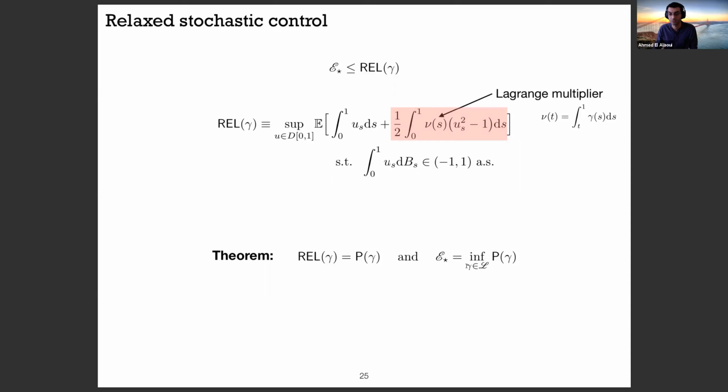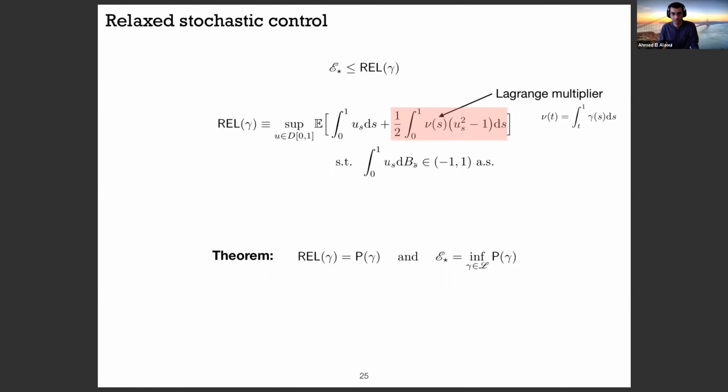It turns out that if you optimize over a large enough space, which in our analysis turns out to be L, then you can make this inequality turn into an equality, and that will give you exactly the value of your algorithm. So this is how you prove that your algorithm achieves a variational principle that is almost the Parisi variational principle, but the class of functions over which you're optimizing is slightly larger.